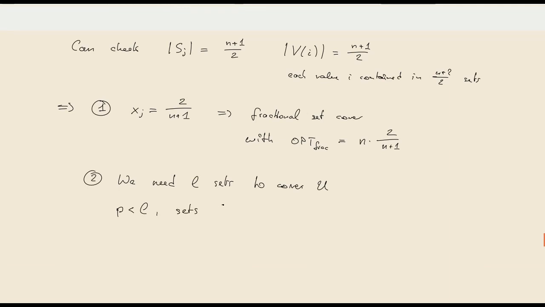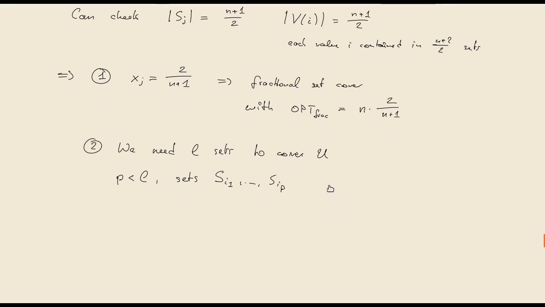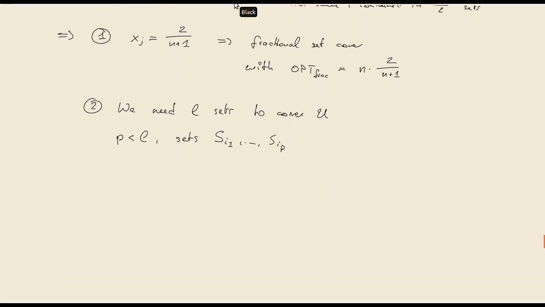So we have some I1 up to IP as sets, and we would like to show that their union misses at least one element in our set U. So we write a matrix that consists of the rows I1 vector up to IP vector.